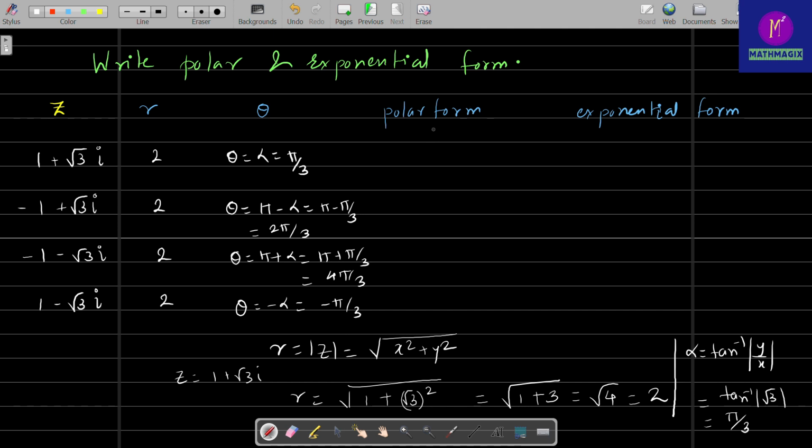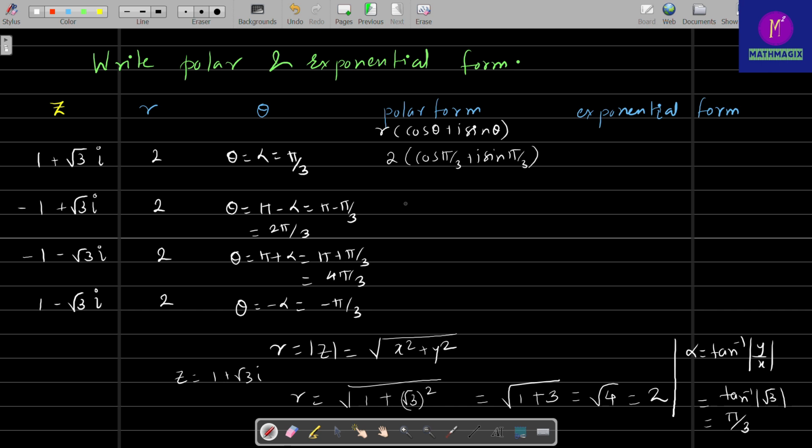Now we can easily write down the polar form of each and every number. As we know, the polar form is r times cos theta plus i sin theta. So using this, the polar form of 1 plus root 3i is 2 times cos of pi by 3 plus i sin pi by 3.